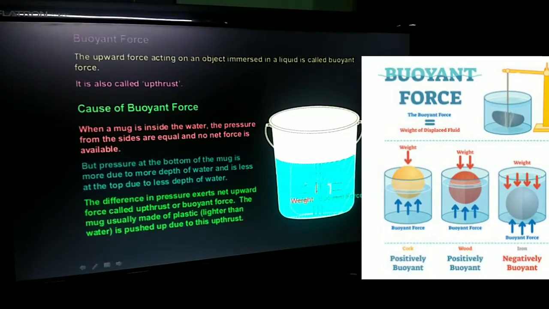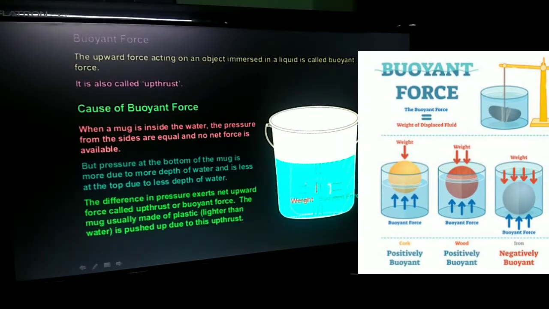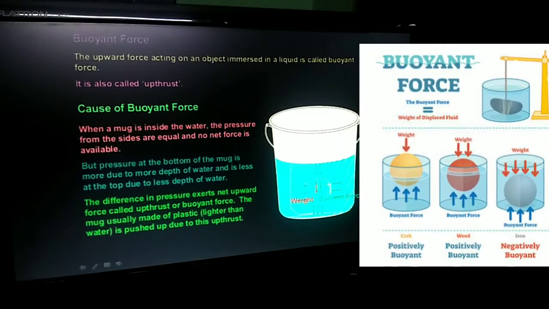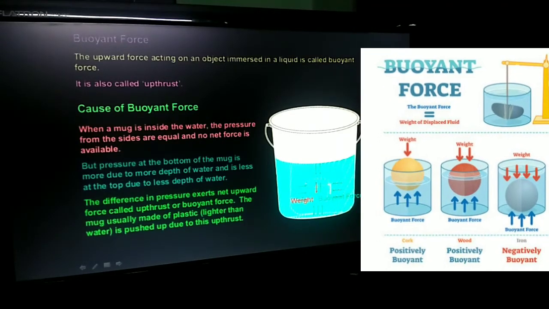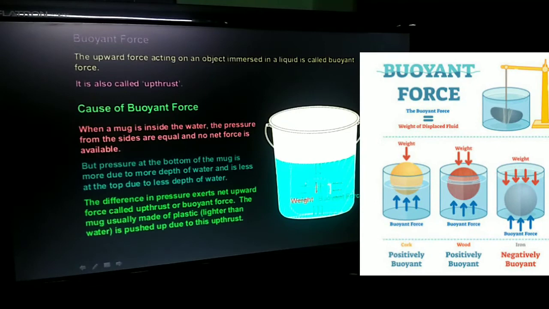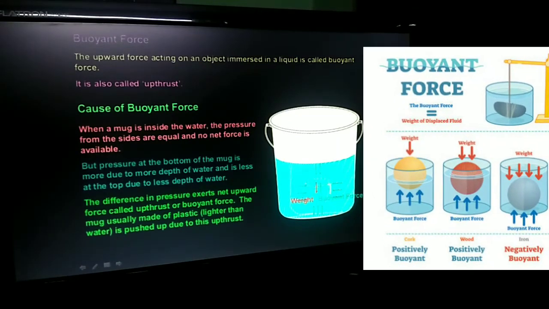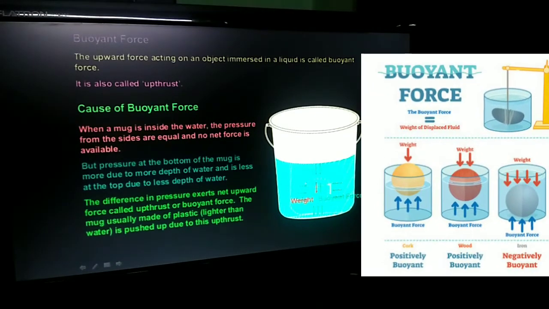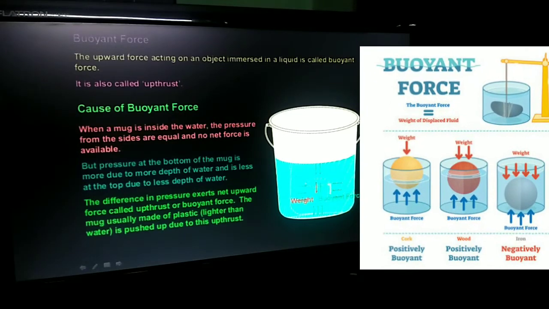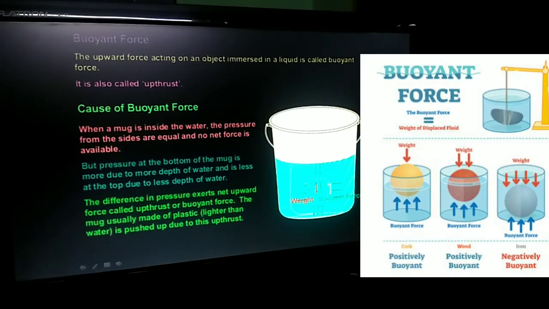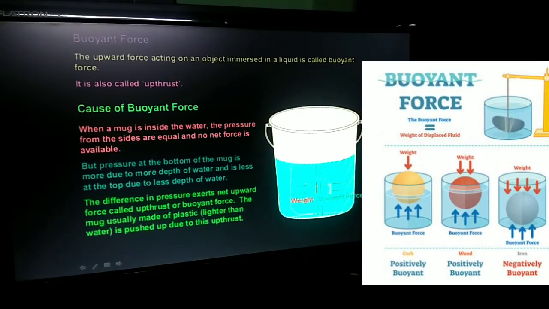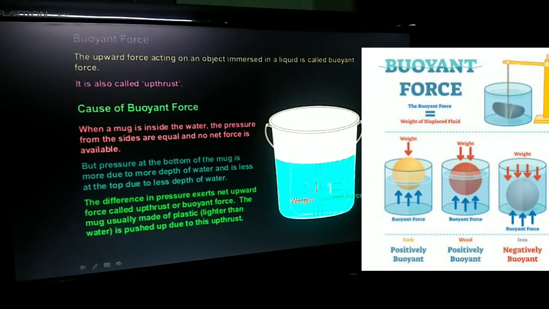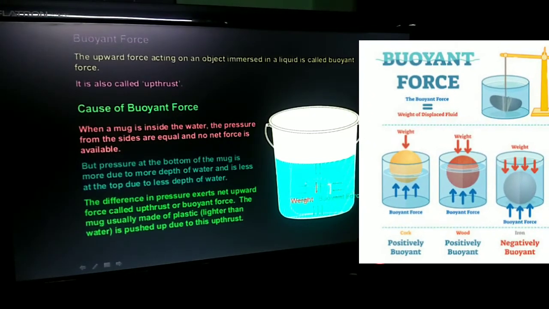But pressure at the bottom of the mug is more due to more depth of water and is less at the top due to less depth of water. The difference in pressure exerts a net upward force called upthrust or buoyant force. The mug, usually made of plastic lighter than the water, is pushed up due to this upthrust.